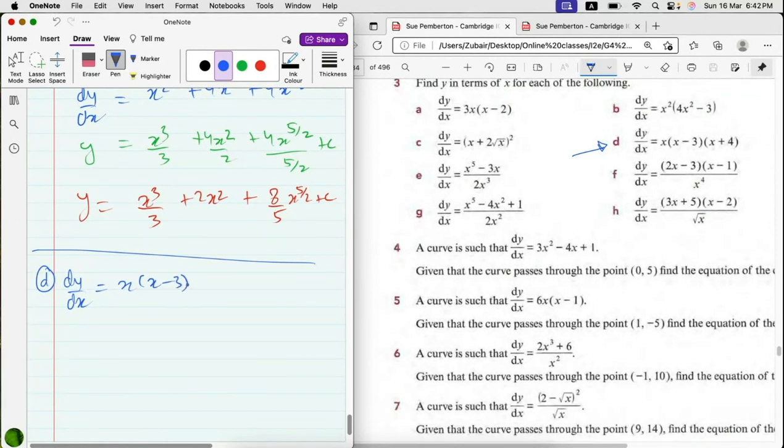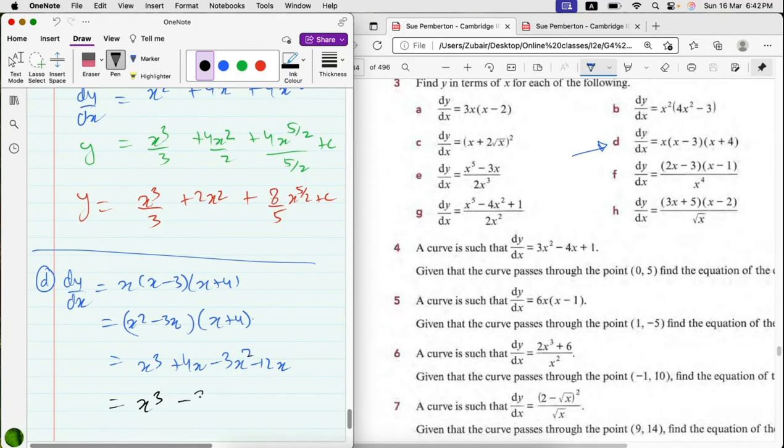x into x minus 3 into x plus 4. So x square minus 3x, and then x plus 4: x cube plus 4x minus 3x minus 12x, minus 3x square actually, sorry. And this would become x cube minus 3x square plus minus 9x.